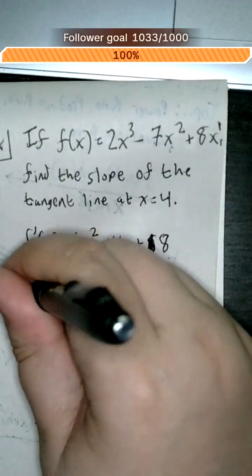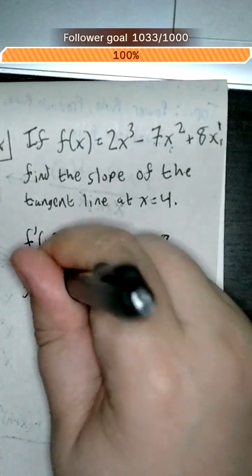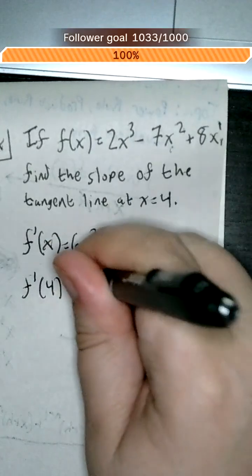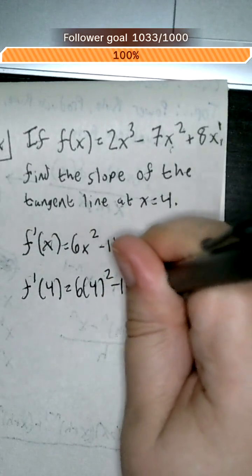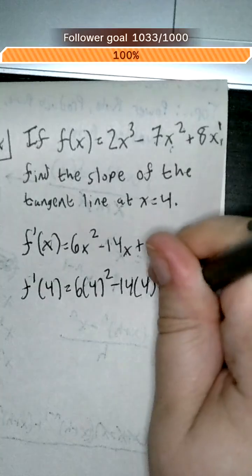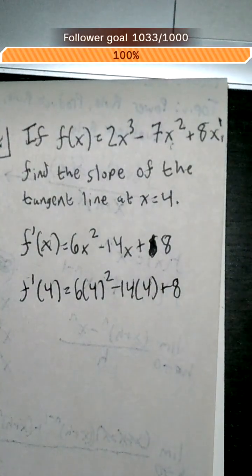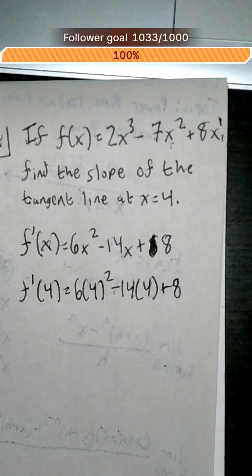So I have f prime of 4 is equal to 6 times 4 squared minus 14 times 4 plus 8. What will that give me?